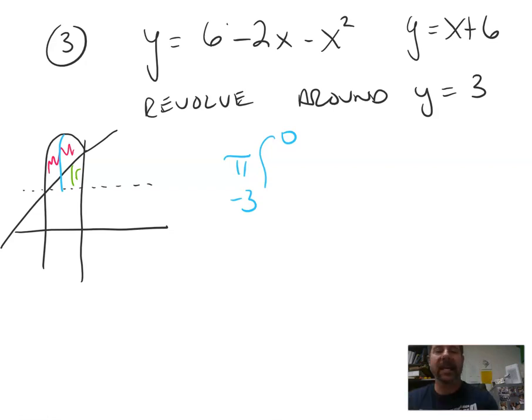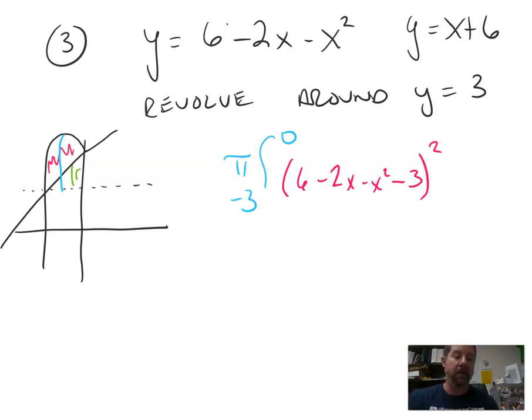So, again, to get the length of that line, what you want to do is take your big R, the top function, 6 minus 2x minus x squared, and then you have to take away this distance of 3, is the way I think about it. Or again, top function minus that bottom function. You can still use that as well.